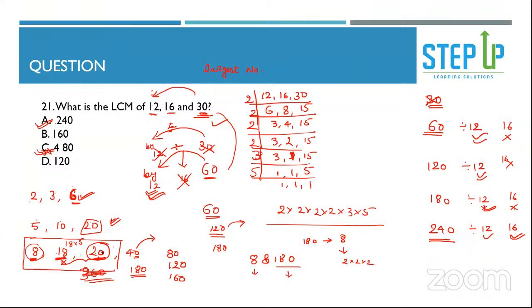I'll work out a few more questions so that you can find LCM pretty quickly. I don't think we should use this method. If we have options, we can go ahead with the divisibility rules and check that. Fine, I'll get back to you on this.